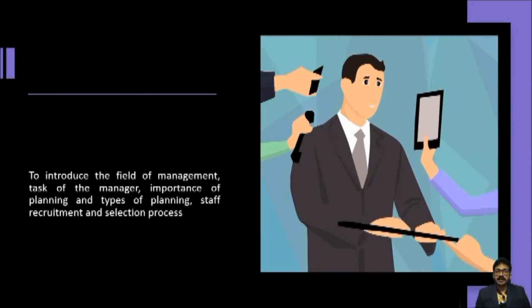It is true that you are learning engineering, but one day you are going to become a manager in your company, or at least you will have to manage a certain number of people who are working under you. So this is where management, the task of a manager, and the importance of planning come in, which is necessary for all the jobs you are going to do, whichever field you enter after engineering.